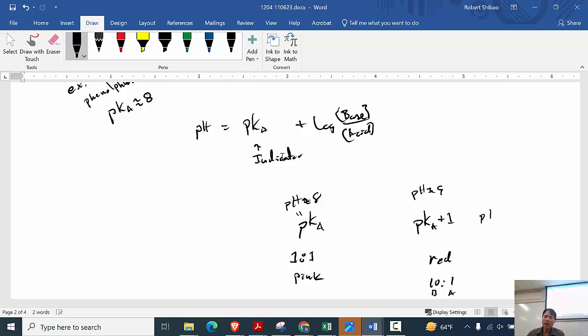So we could go to pKa plus 2, it's still going to be red. pKa plus 3, it's still going to be red, because here we're going to have a 100 to 1 ratio. Here we're going to have a 1,000 to 1 ratio of red to colorless, and so red will dominate here.